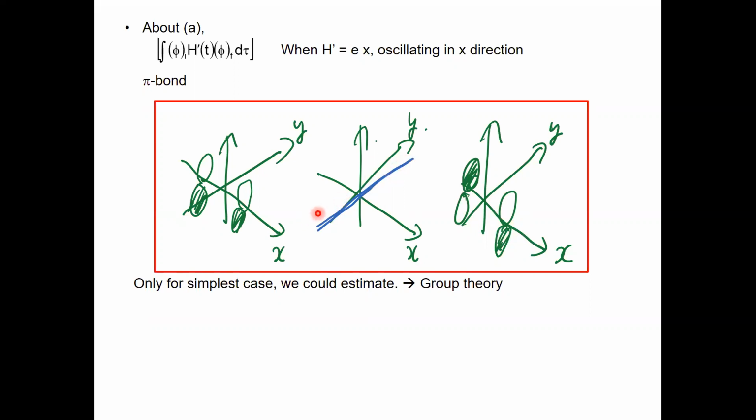In this case, we just need to think about e times x, so it's a line in the plane of x and Hamiltonian, right? So what we have to understand is whether multiplying these three terms gives an integral that has some value or not.